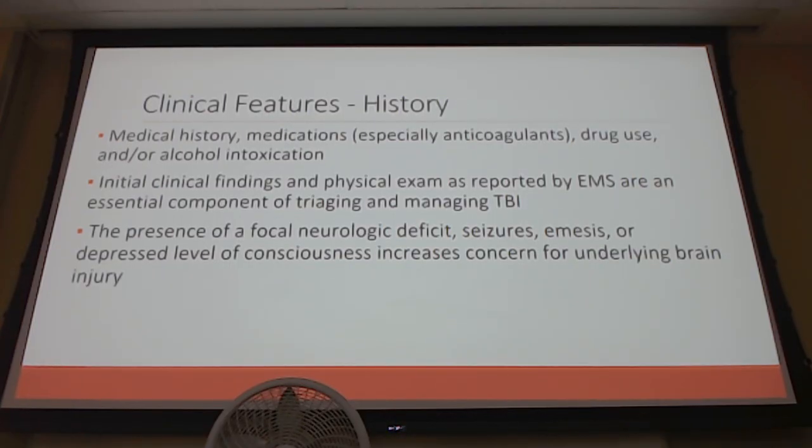So it's important that we know whether they're on any sort of anticoagulants or anything that's going to increase their bleeding risk. And then because we're getting that GCS, we're trying to get neuro exams. We want to know if they're on any drugs or intoxicated, or if the reason they're altered is from the head injury versus they were intoxicated, using some kind of drug, or had some toxidrome.